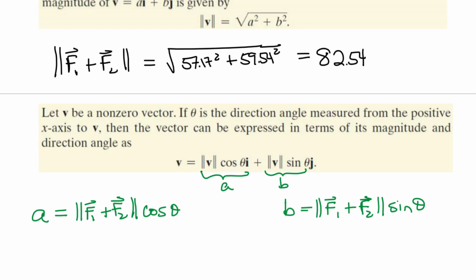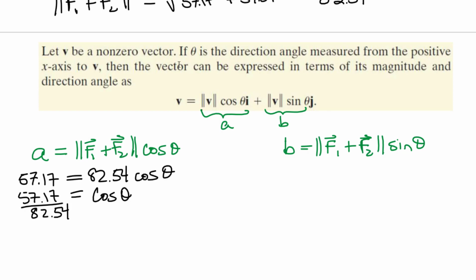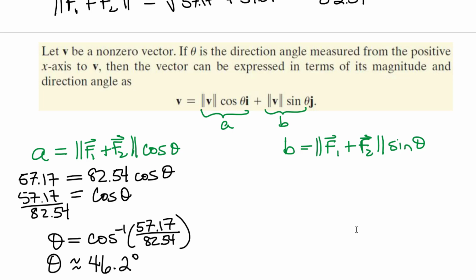But we know a was 57.17, and we know the magnitude is 82.54. So that means that the cosine of theta would have to be 57.17 over 82.54. This means that theta is going to be the inverse cosine of 57.17 over 82.54. So theta is approximately 46.2 degrees.